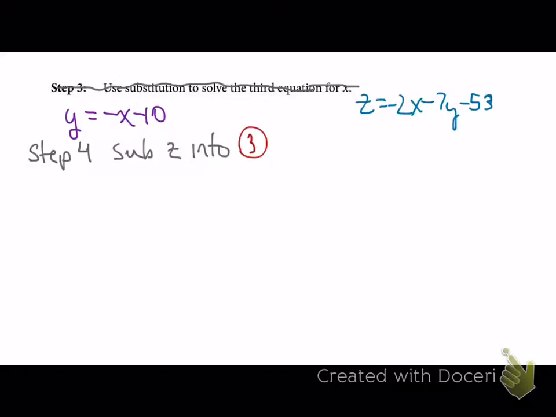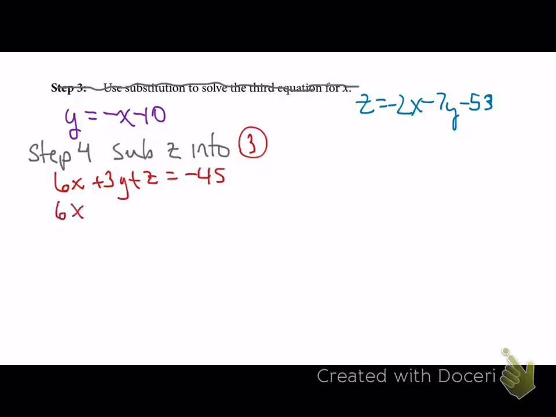Yes. So I'm just going to rewrite, since I don't have it anymore up on the screen, equation 3. Remember that was 6x plus 3y plus z equal to negative 45. Okay, so now let's replace the z.